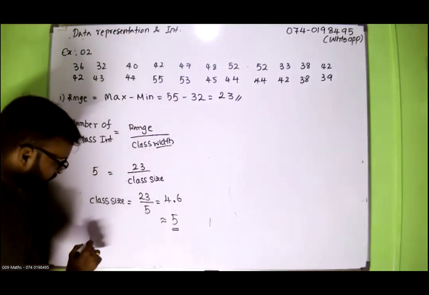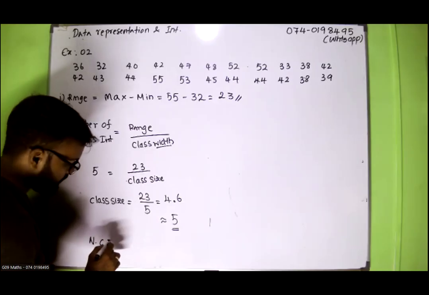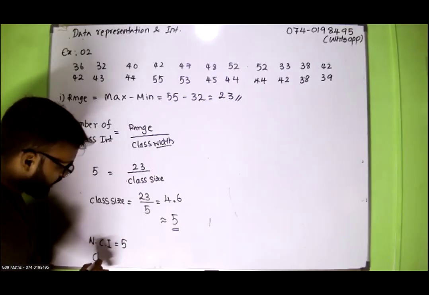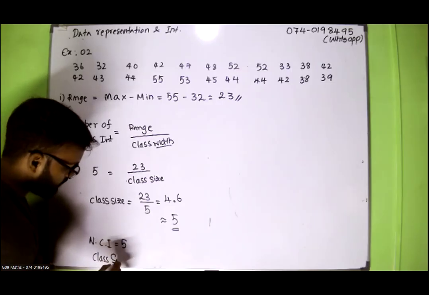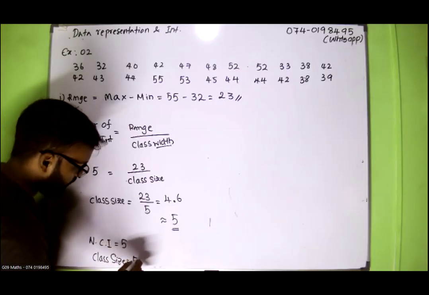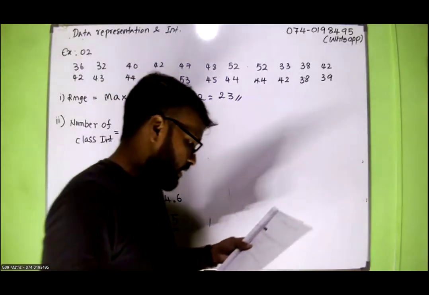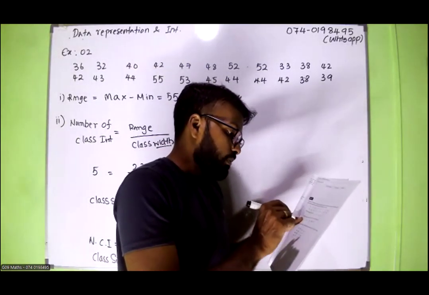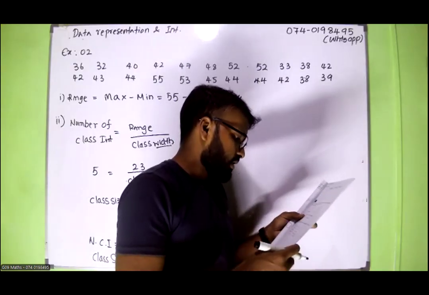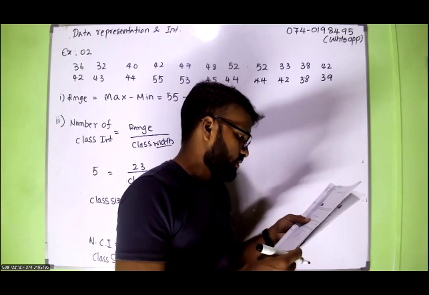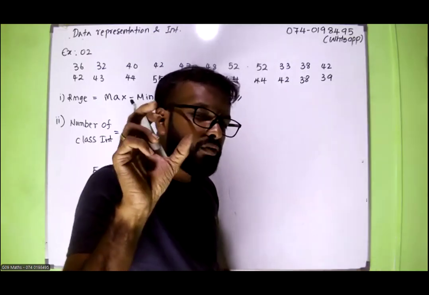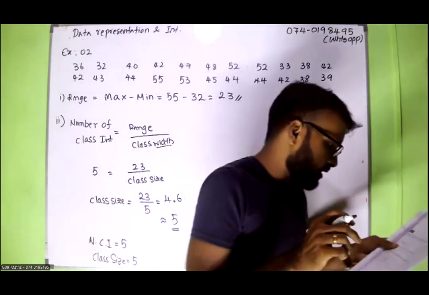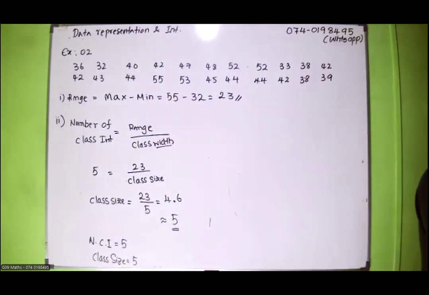There should be 5 class intervals as well. Number of class intervals is 5 and the class size or class width is also 5. Both are 5. And inside the blanks they have given, if you read the question carefully, what you have to do here is construct the group frequency table.